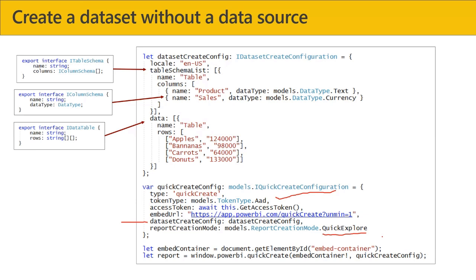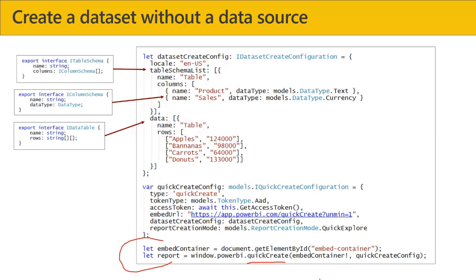Quick Explore basically says, don't let me add the web parts, but add a bunch of web parts, and that's the experience Amanda was showing, and that's the one I'm going to use. Okay, and what's down below? If you've done any Power BI embedding, hey, this is old hat. Instead of calling embed or create report, we just have a third thing, which is quick create.